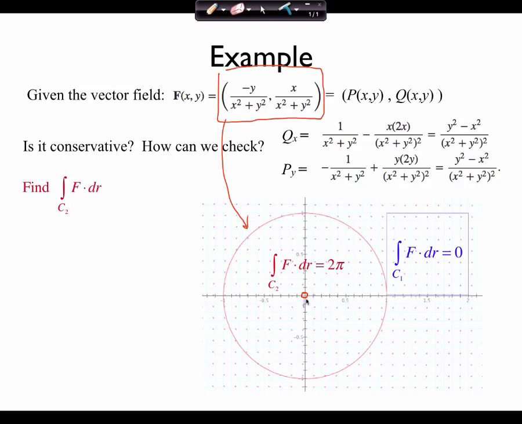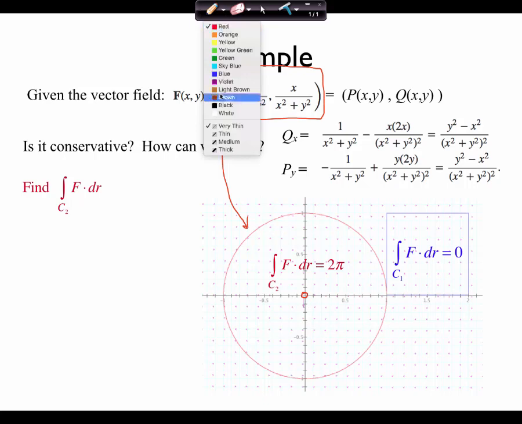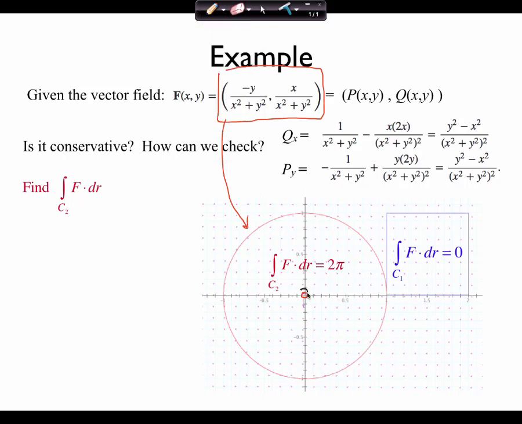And so what happened? When I did this circulation integral, C2 is not the whole boundary of that region. What else is there? I'd also have to go clockwise around this itty-bitty hole. So what's the circulation integral clockwise around that little hole? Negative 2 pi.